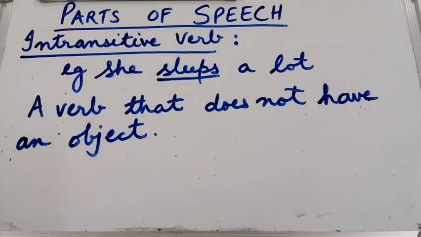So write this in your copies. Intransitive verb. She sleeps a lot. So sleeps here is the intransitive verb. Because if you ask yourself the question, she sleeps what, you don't get an answer. There is no object. A verb that does not have an object is called intransitive verb.